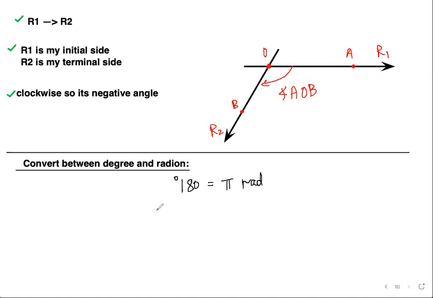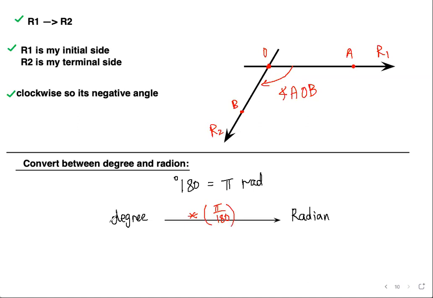So to convert from degree to radian, you have to multiply the degree by pi over 180.